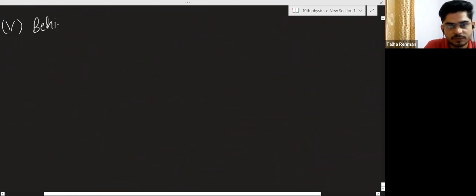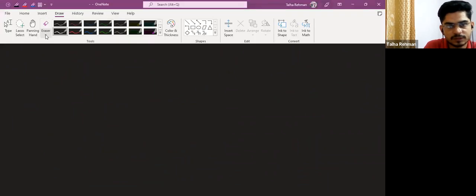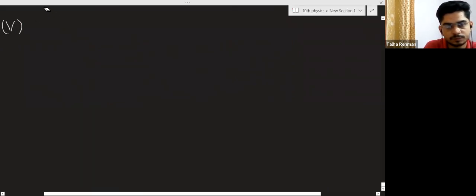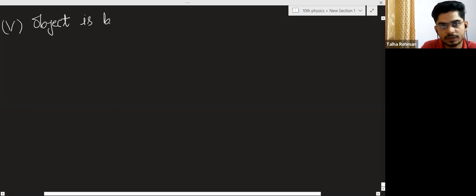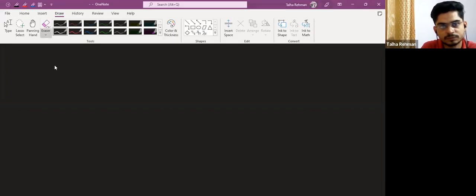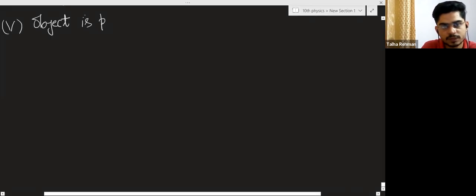Behind, you can say, object is behind C. Object is placed behind, or you can say beyond C, center of curvature.